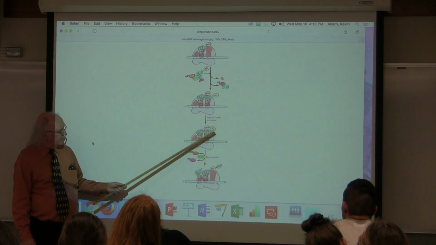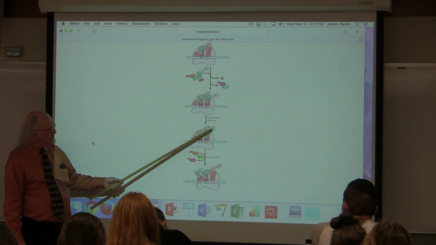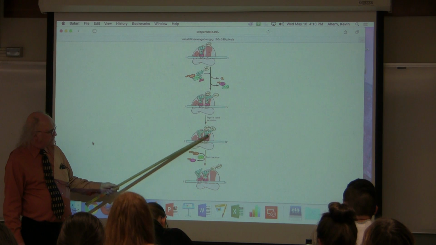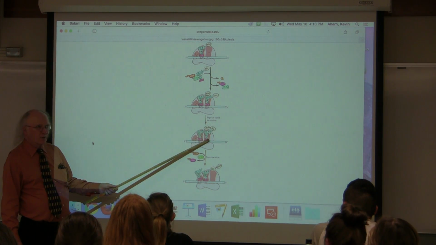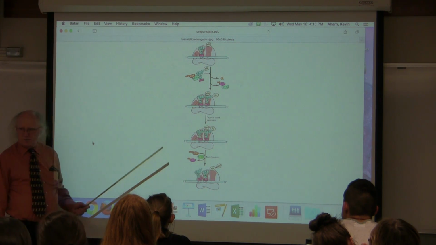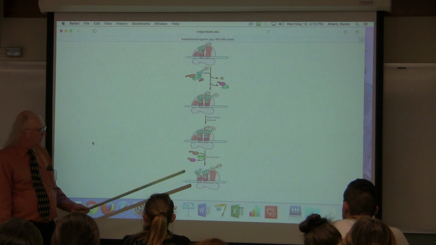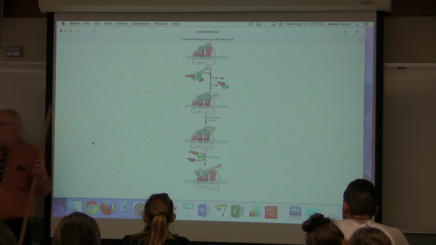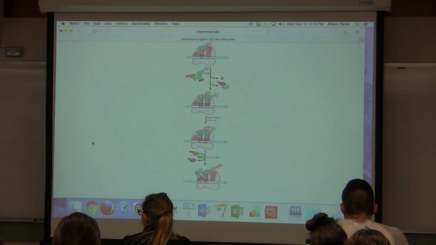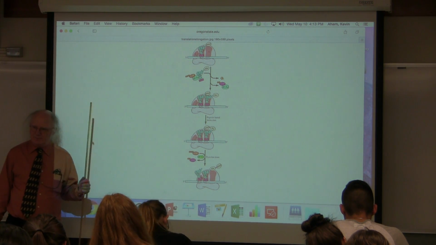Well, at this point, what's happened is we've made a peptide bond between the two. The dipeptide is transferred over to the newest transfer RNA, and the oldest transfer RNA is going to be squeezed out of the picture. Well, how does that happen? That happens as a result of the action of another G protein, and the other G protein is called EF-G.